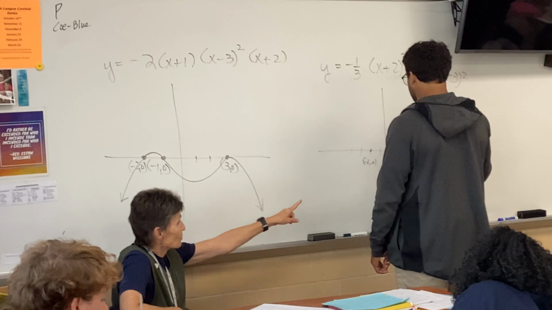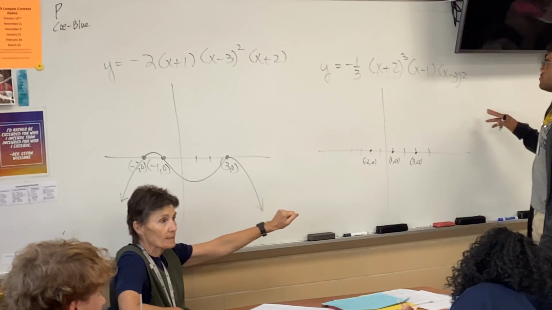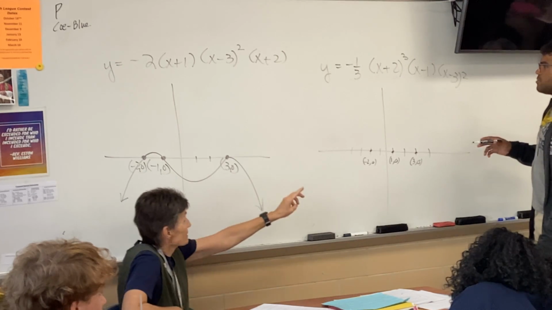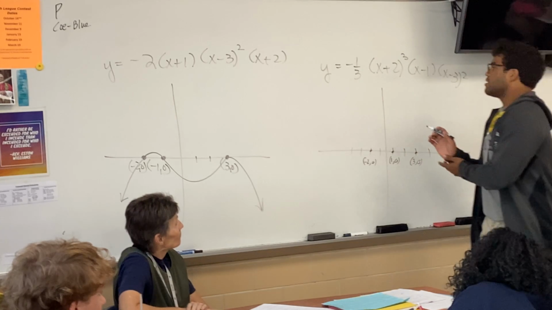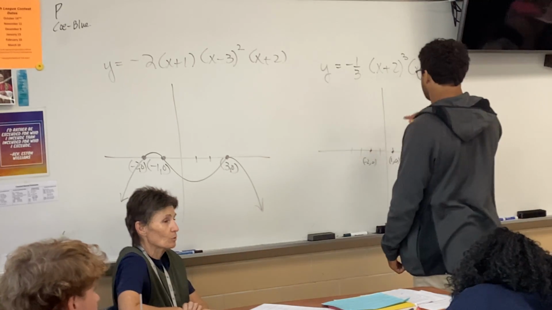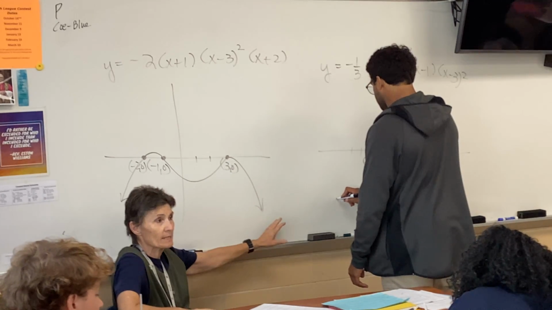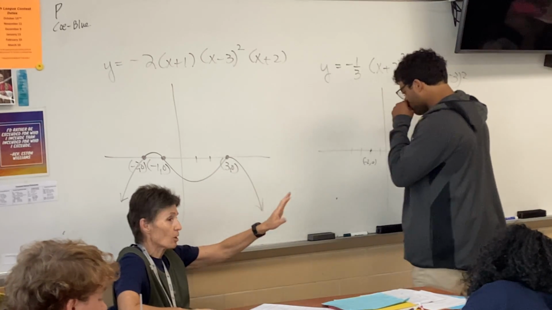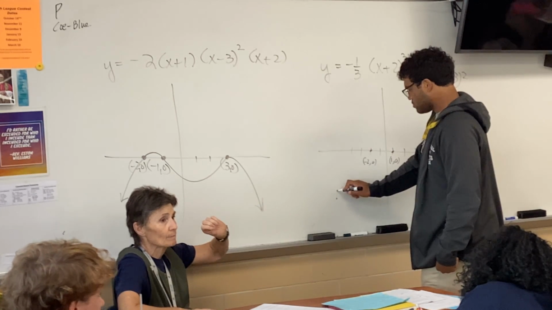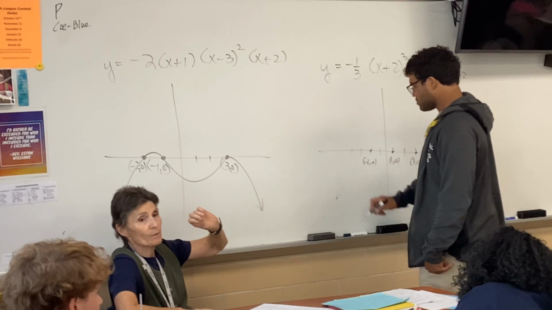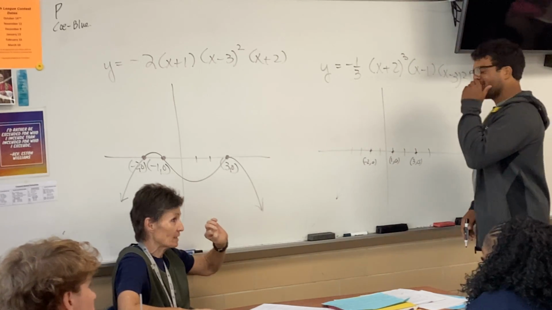Okay, so step aside so they can see. So does he have his dots in the right spot? Yep, he's got 3 dots, because he's got 3 parentheses with X's. Okay, what's going on here? Okay, so he says he's starting at the bottom. All right, let's talk about that. Why are you choosing to start at the bottom? This is a negative. How many X's do we have? 6. 6 is even.